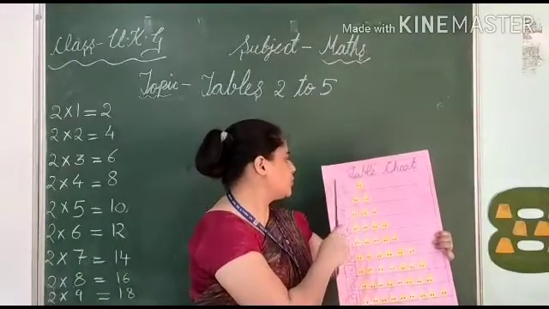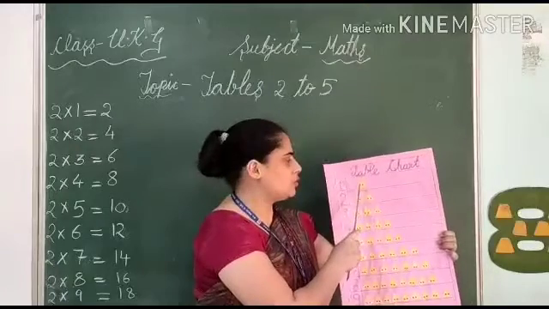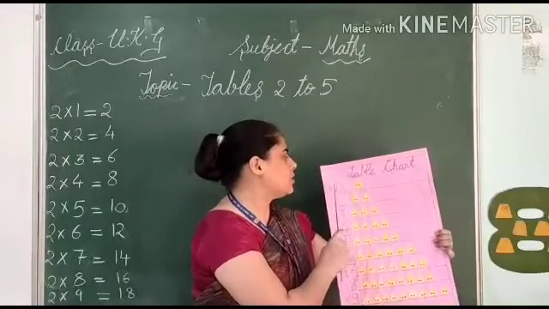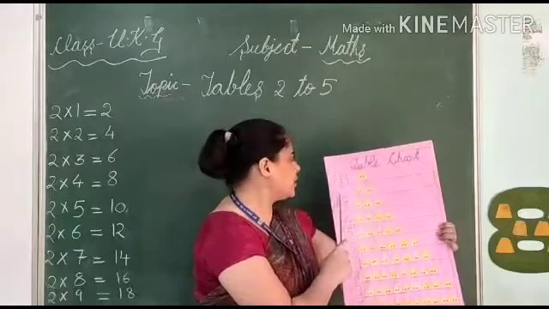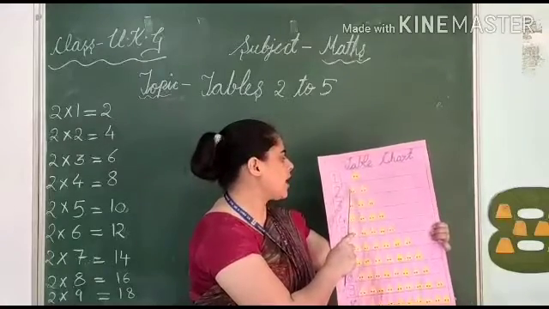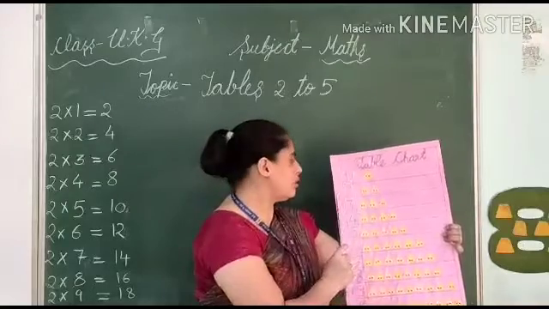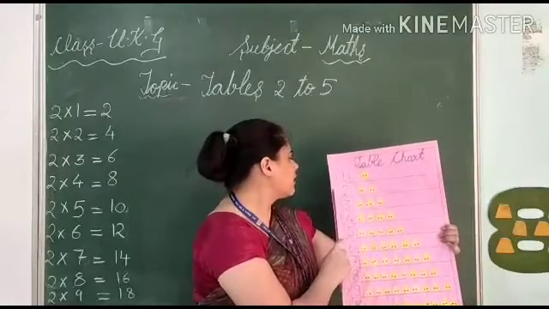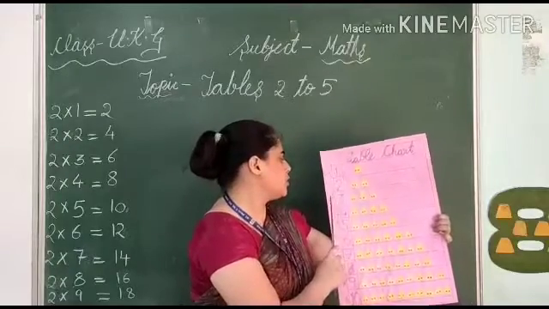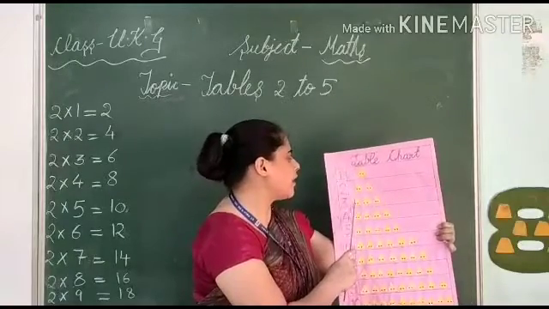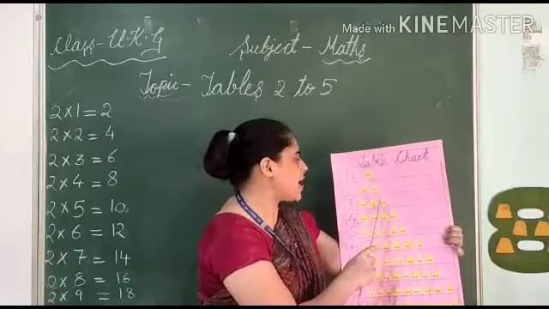2 into 1s are 2. 2 into 2s are 1, 2, 3, 4. So how much is there? 2 into 2s are 4. 2 into 3s are 1, 2, 3, 4, 5, 6.